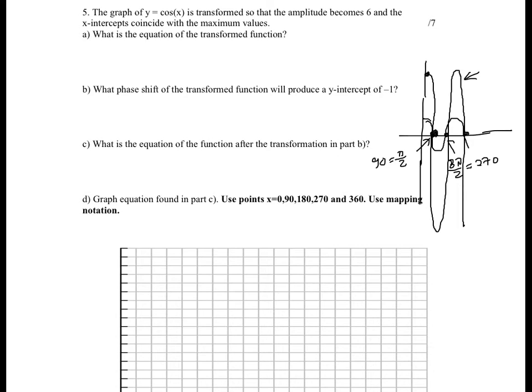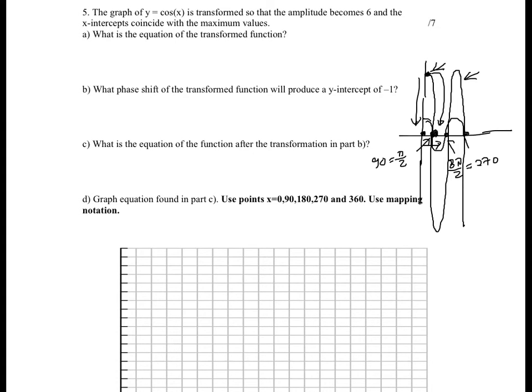This obviously means that this graph has to go down 6 units and then go to the right 90 degrees. Because if it goes down 6 units, this point, the maximum, goes on the origin here, and then when it goes to the right 90 degrees, this maximum falls on the x-intercept of the original graph.